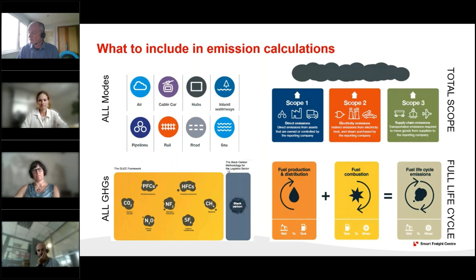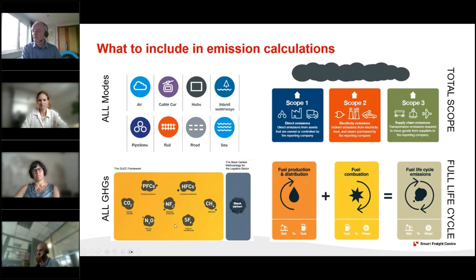And that's really important when you think about the energy transition, because the balance between those two elements of the fuel cycle is changing significantly when you move from a predominantly fossil fueled transport sector through to one which is much more reliant on alternative fuels, or even electricity in the extreme case where the emissions are all upstream. And we also have the provision within both the GLEC framework and ISO to think about all gases that are considered within the UNFCCC or IPCC processes.